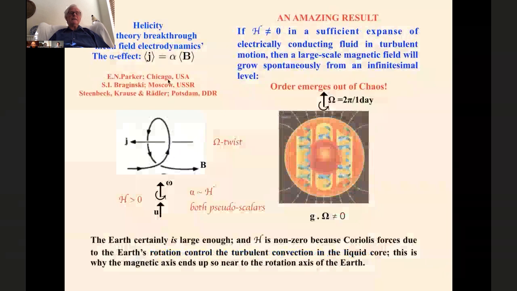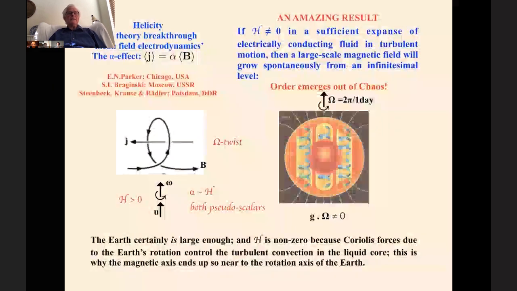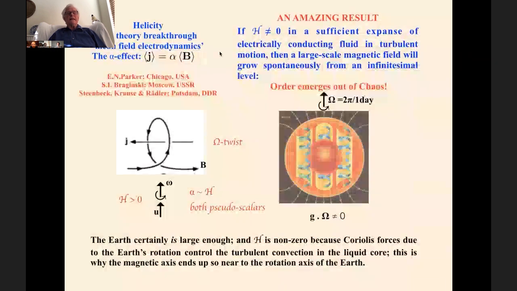Well, now, helicity. In the 1960s, there was a breakthrough, which we now recognize as mean field electrodynamics, which gives in a turbulent flow what's known as the alpha effect, a mean current that is proportional to the mean magnetic field. It's a great surprise, really, because in Maxwell's native equations, there is no such term.